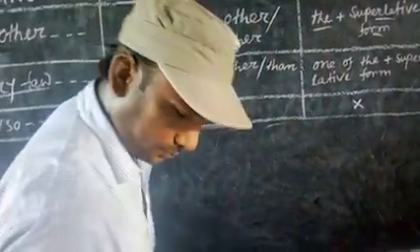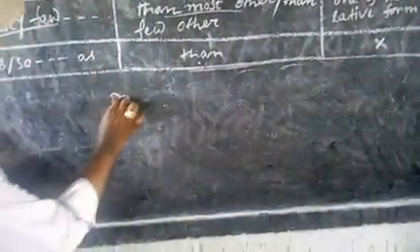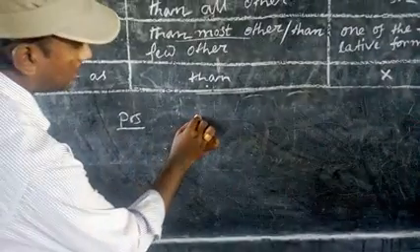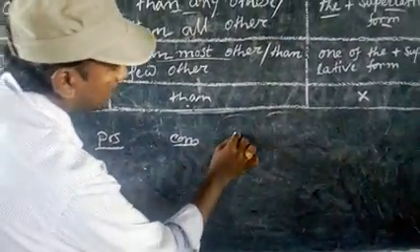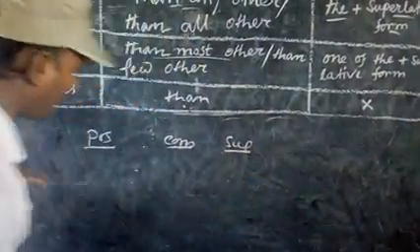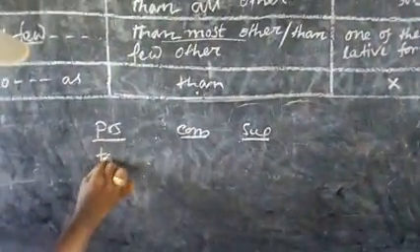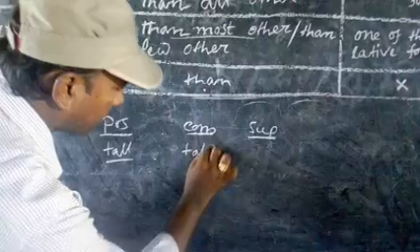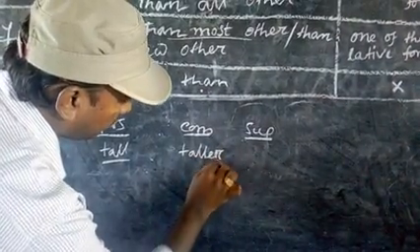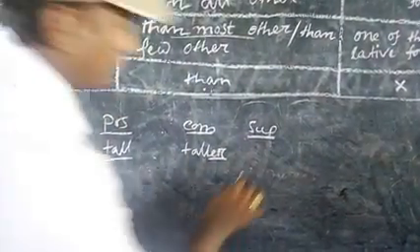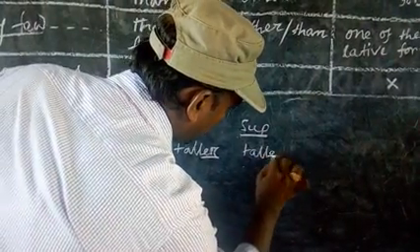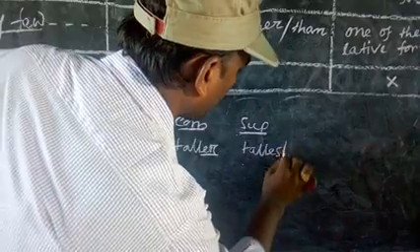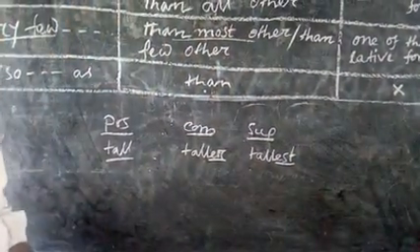For example, dear students, look at the words positive, comparative, superlative. If the positive word is one syllable, that is tall, we have to use er to make a comparative, that is taller, and we have to use est to make a superlative, that is tallest.